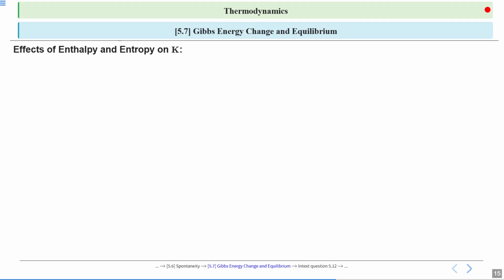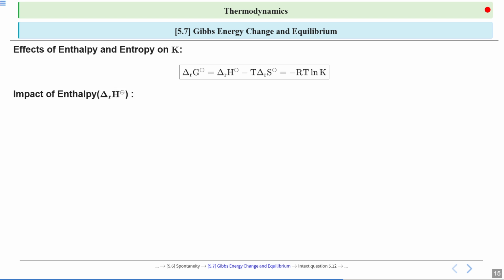Now next is the effect of enthalpy and entropy on K. We have seen the effect of Gibbs energy. Now let us talk in terms of enthalpy and entropy, which is delta rH naught and delta rS naught. First is the impact of enthalpy.